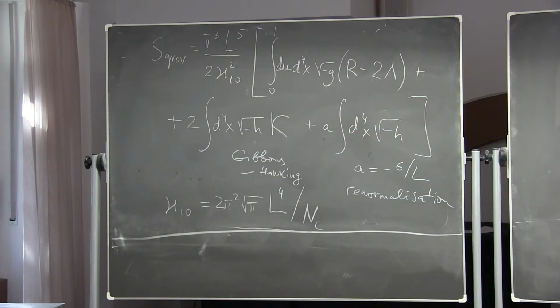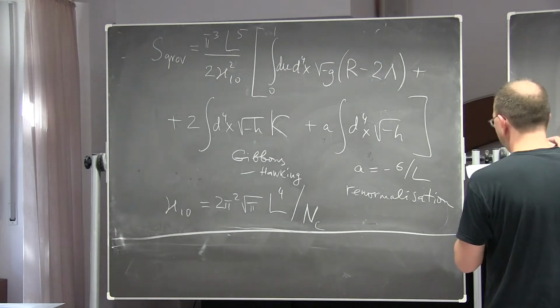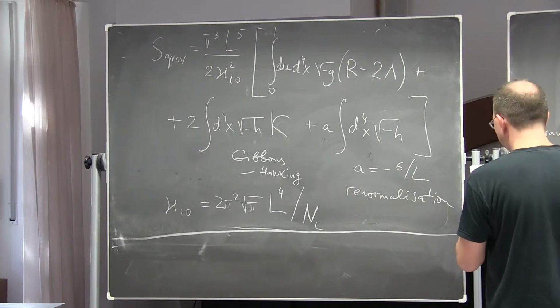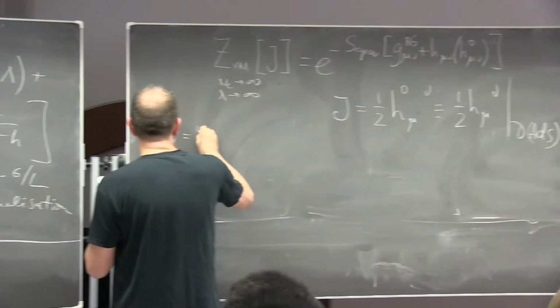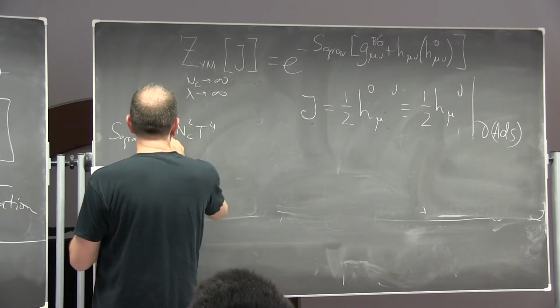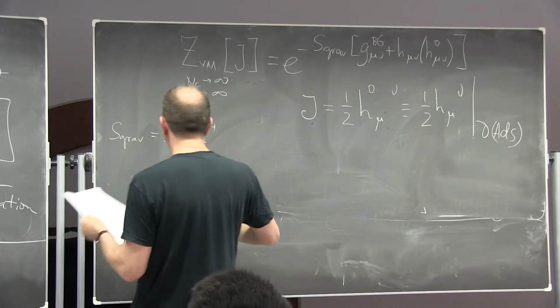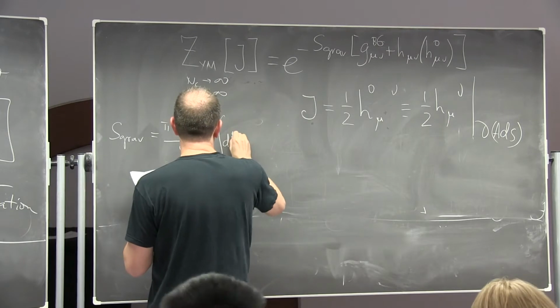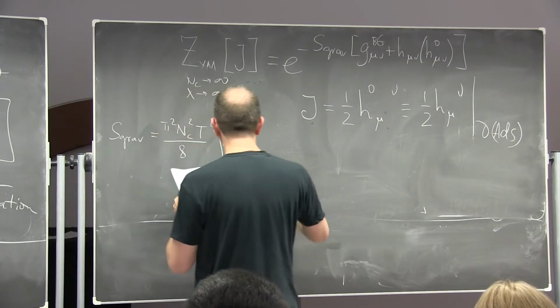Great. So now let's see how this action looks on shell. I will write the same action when you have substituted all the ingredients, N squared c t to the fourth. So instead of kappa, I introduce these parameters, to bring it into a form more familiar to Yang-Mills theory.